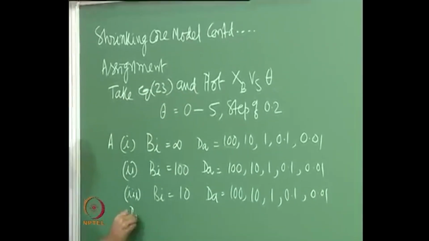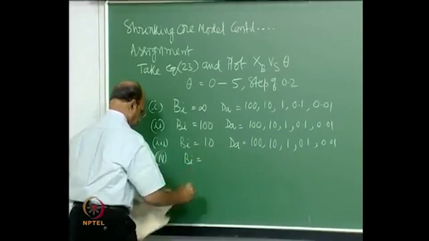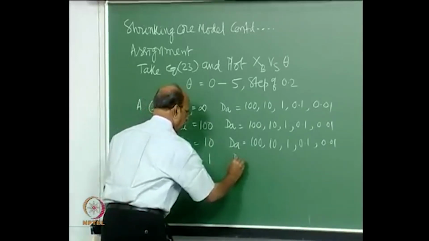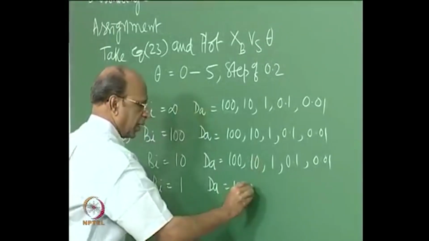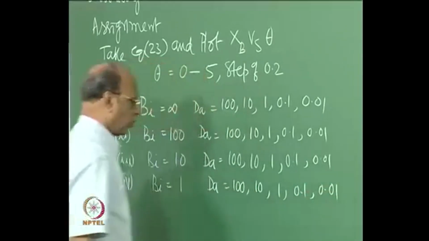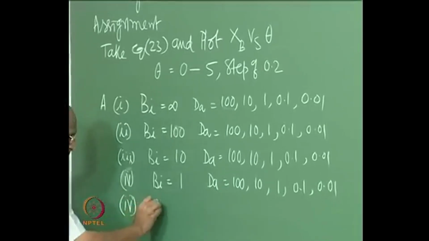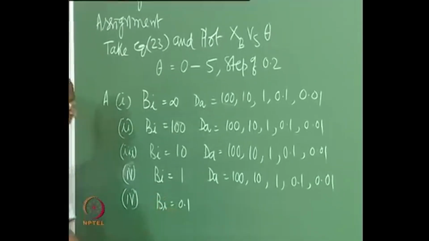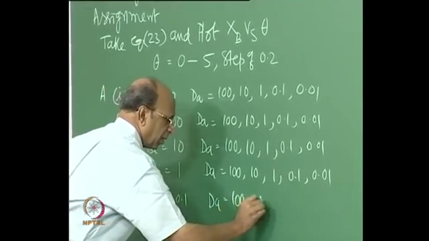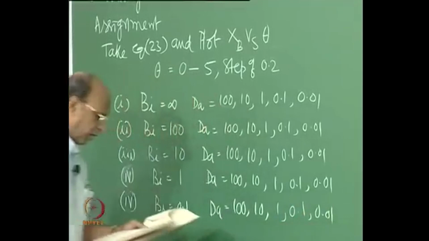Then Biot number equal to 1, Damkohler number equal to 100, 10, 1, 0.1, 0.01. Then we have the fifth one, Biot number equal to 0.1, Damkohler number is the same again: 100, 10, 1, 0.1, 0.01.